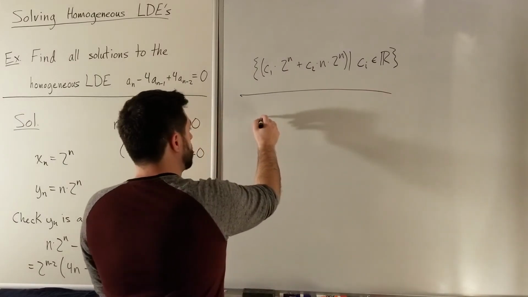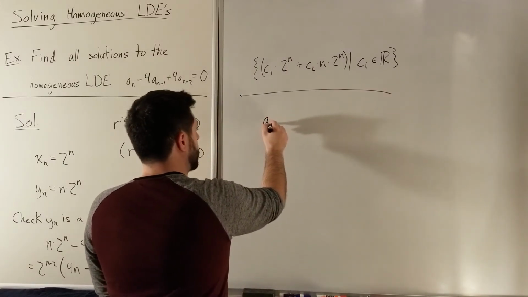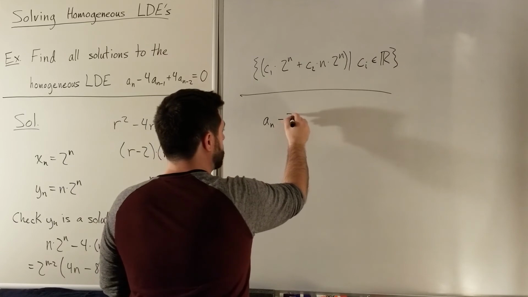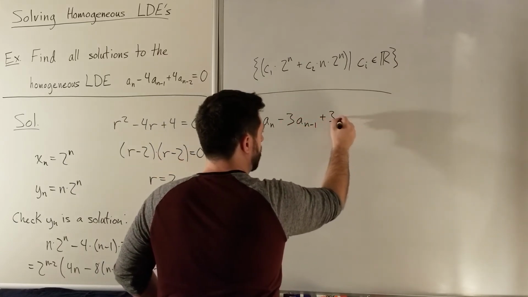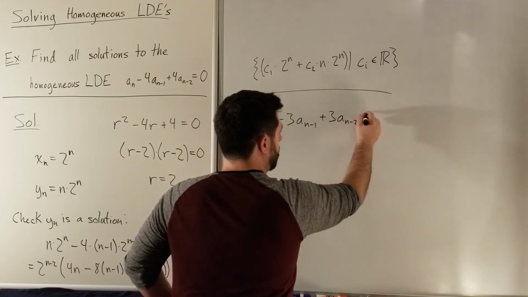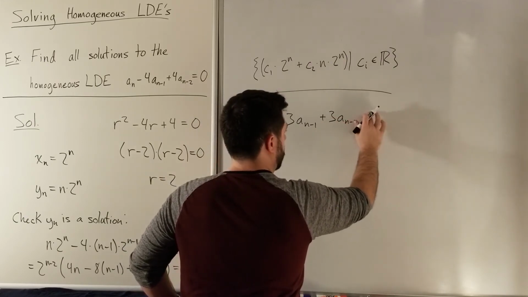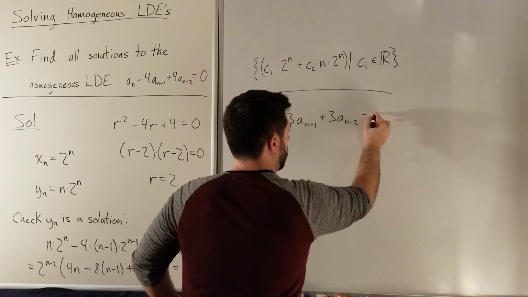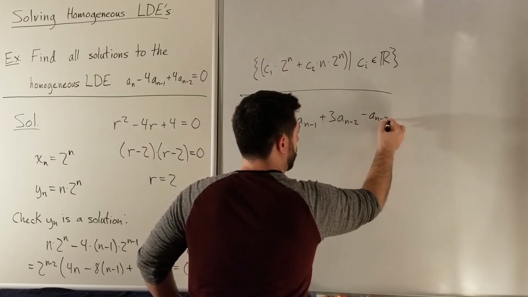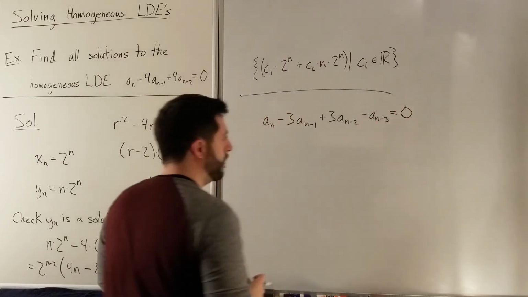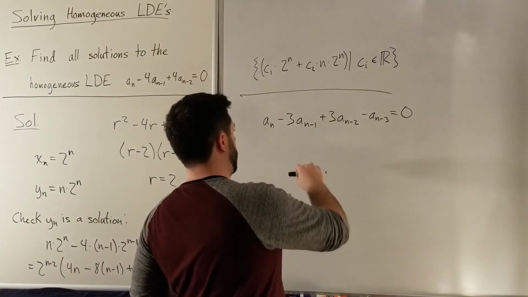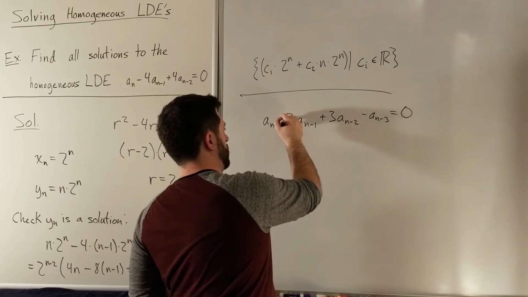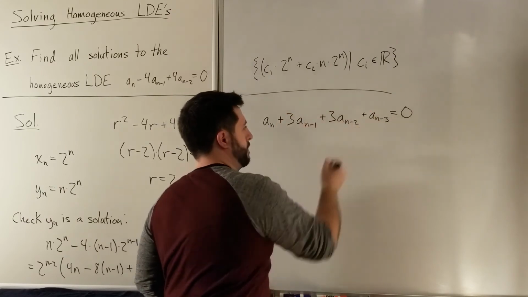So I'm not going to do this full example, but I will say that if we had something like this, okay, so if we had something like that, oh, actually, let's make these pluses.